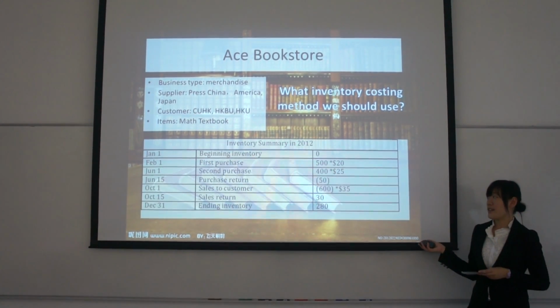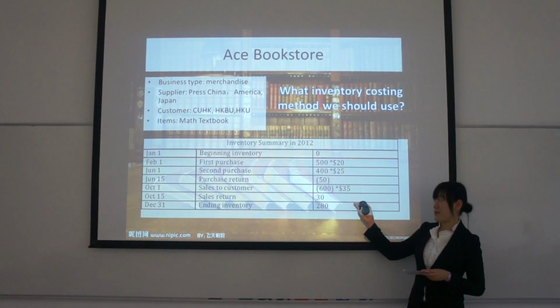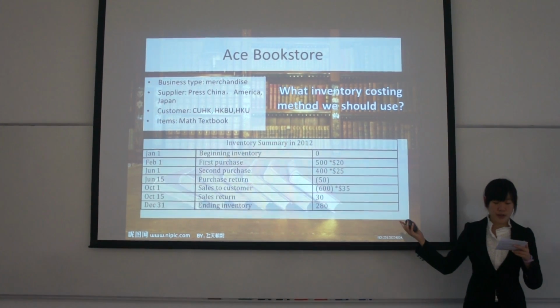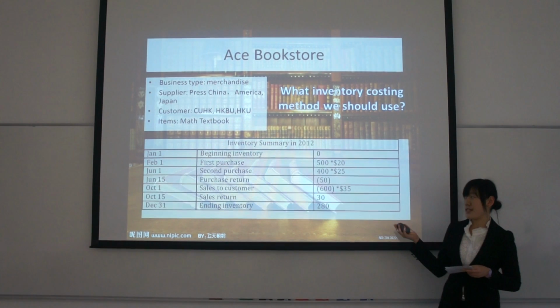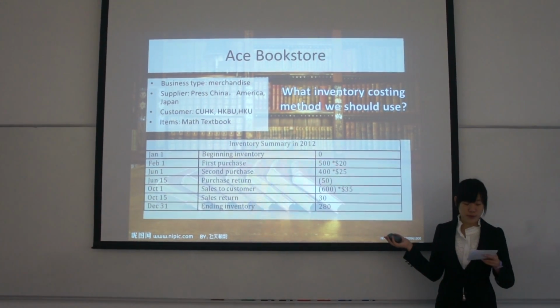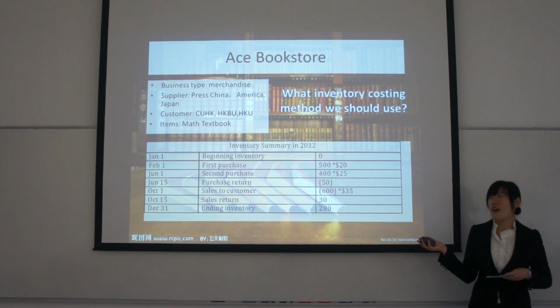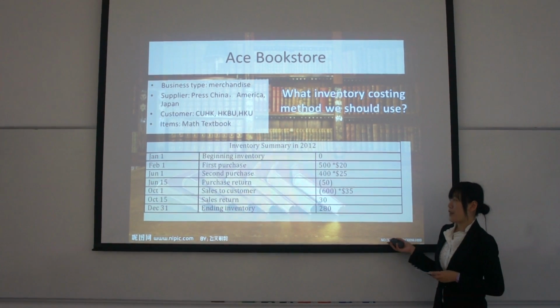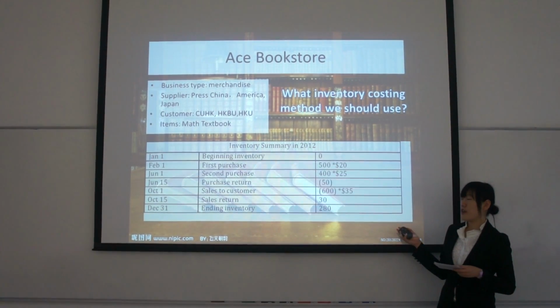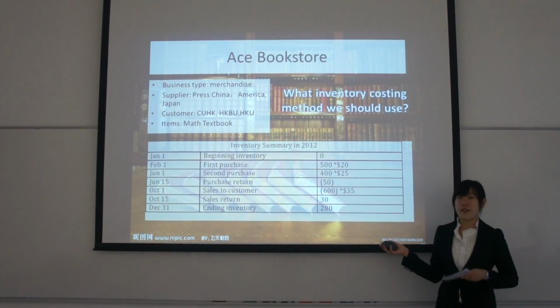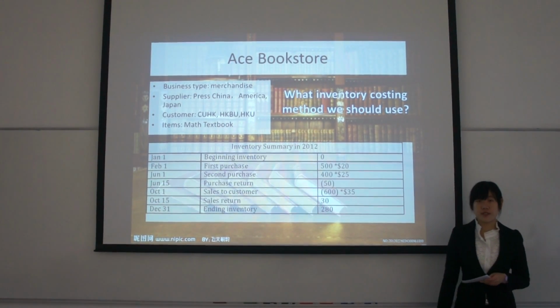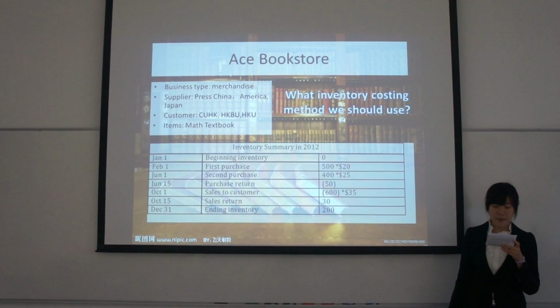However, we found that 50 of the second purchase turned out to be of poor quality, and we returned them 15 days later and got a full refund from our supplier. On October the 1st, we sold 600 books to our customer CUHK, and the price we charged was $35 per copy.